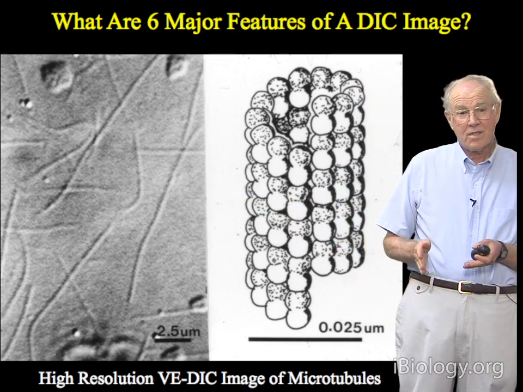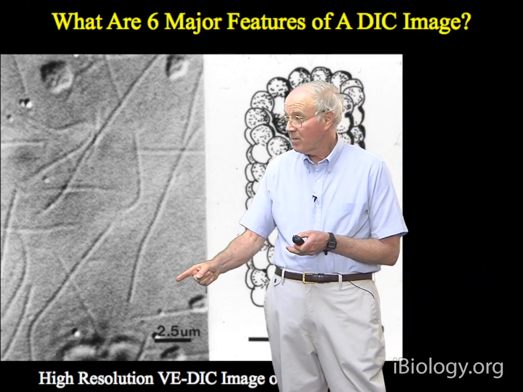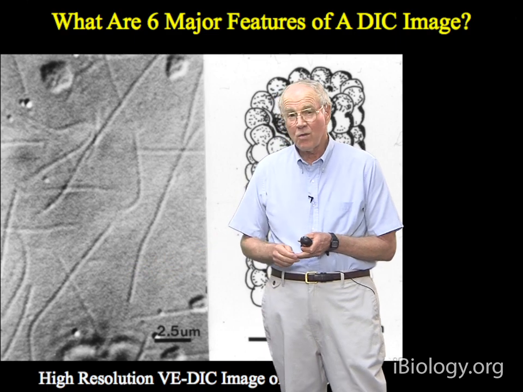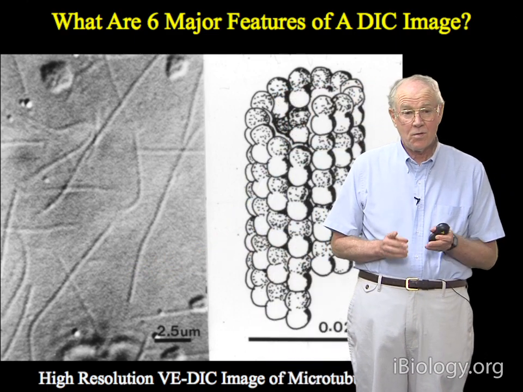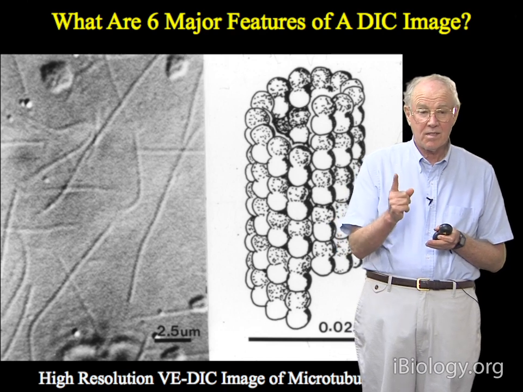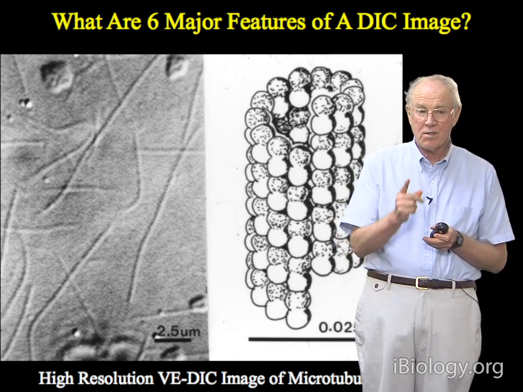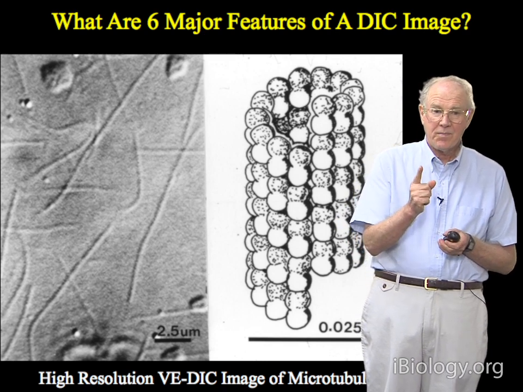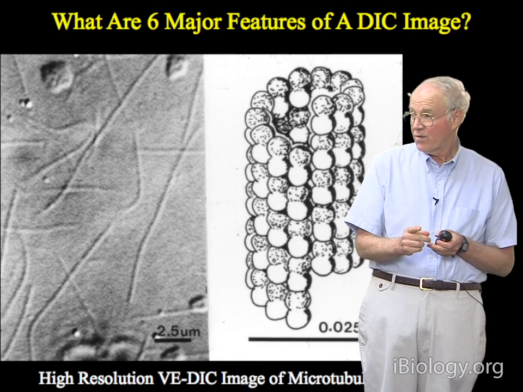But it differs for different directions. So what these bright and dark spots actually are is two Airy disks. The DIC image is made up of two, instead of a single Airy disk defining each image point from a point in the specimen, there are two Airy disks defining an image point from a single point in the specimen.